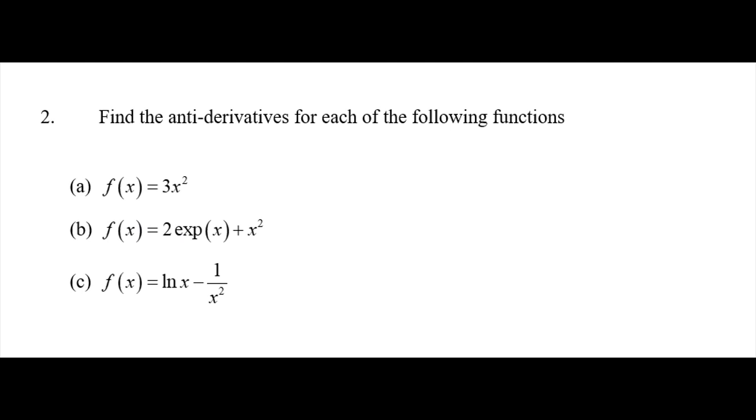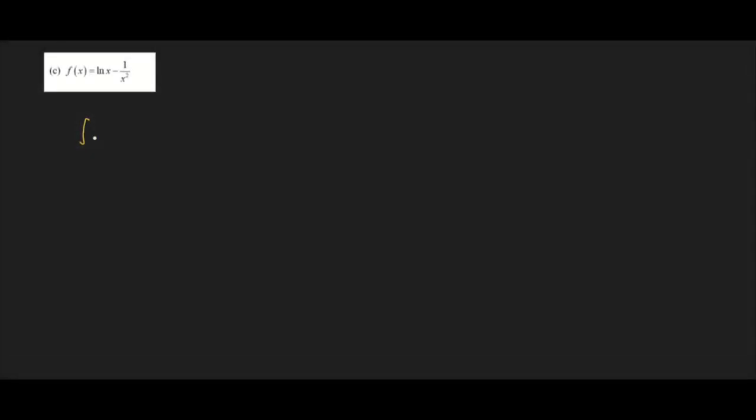Our next problem is to find the antiderivative of various functions. We're going to use example C here, where we integrate log of x minus 1 over x squared. And we've in fact done half the work already here. So if we integrate this function, we can separate it into two integrals, the integral of log x with respect to x minus the integral of 1 over x squared with respect to x, and we've done the first part already.